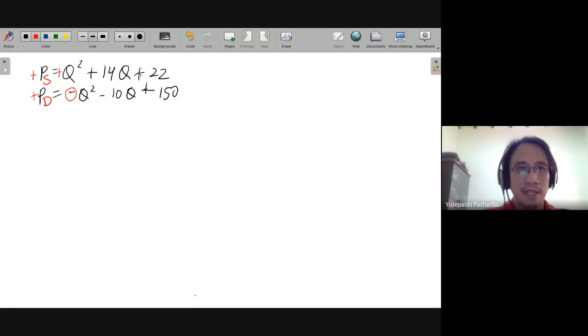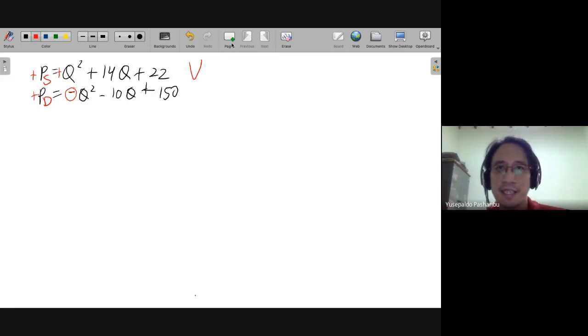For the first quadratic function, because P function Q is definitely a vertical parabola, how does the parabola look? First, check the A. The A is positive, so it must be a smile or U-shape parabola. And then check whether this function has a square root or not, using this formula.